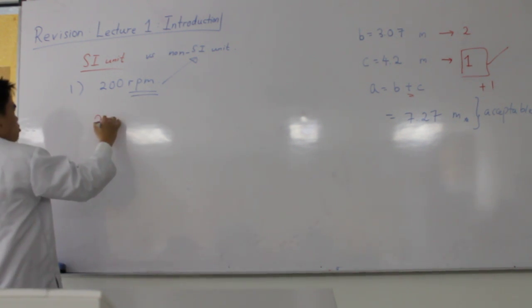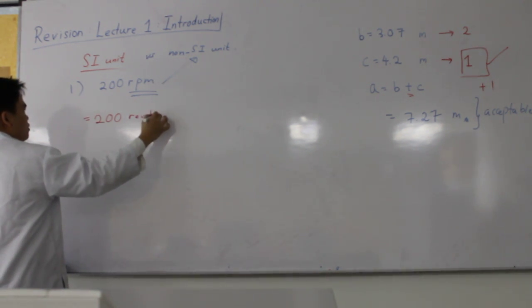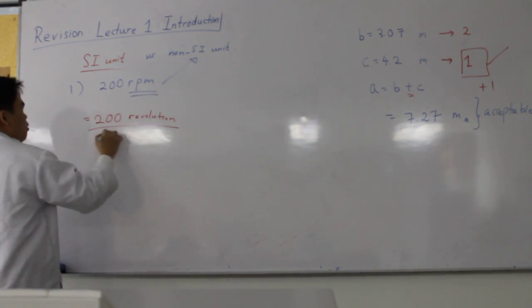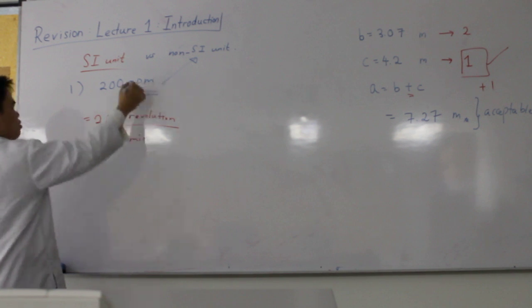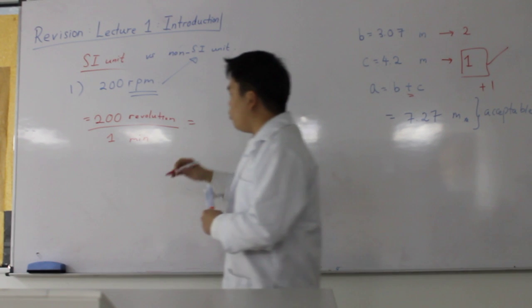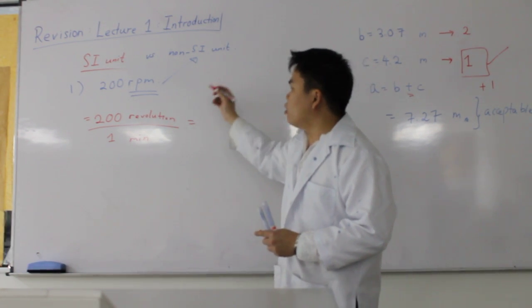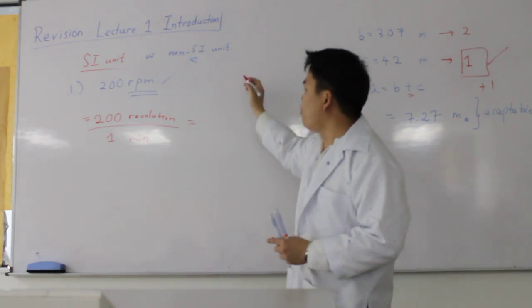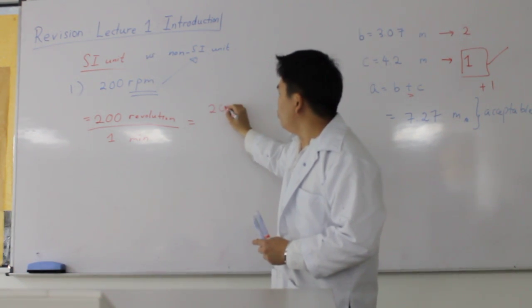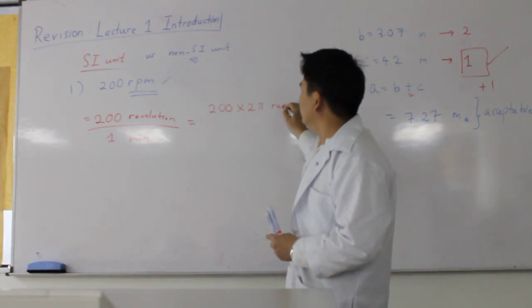Let's say 200 revolution per 1 minute. That is the meaning of so-called RPM, revolution per minute. So we can convert it, and you know that 1 revolution means 1 cycle. So 1 cycle occupies 2 pi radian. So it's 200 times 2 pi radian.